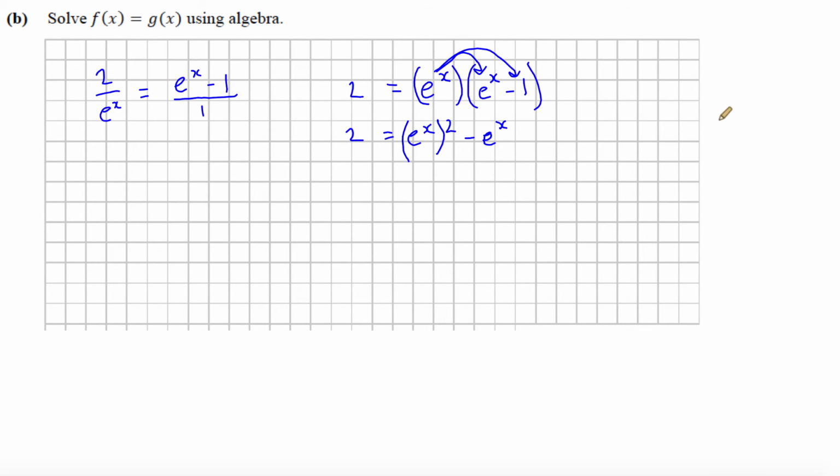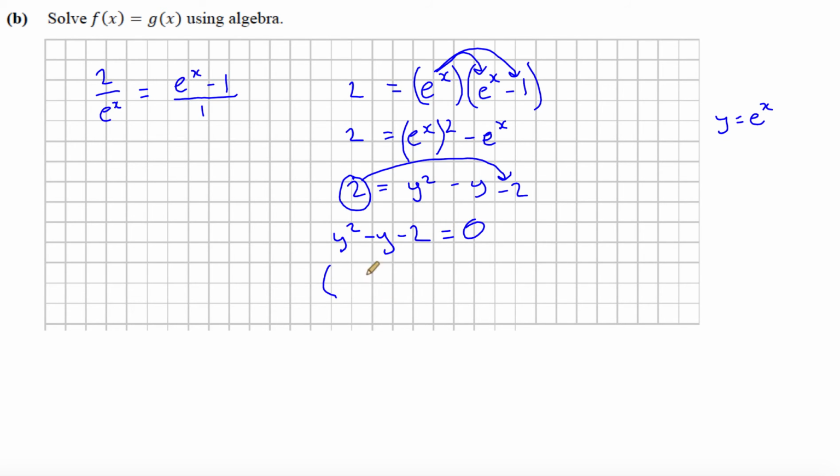If I just let y be equal to e to the power of x, this then becomes 2 is equal to y squared minus y. And now it's a quadratic. When I bring this 2 over here, it becomes a negative. I'm left with 0, so I have y squared minus y minus 2 is equal to 0.